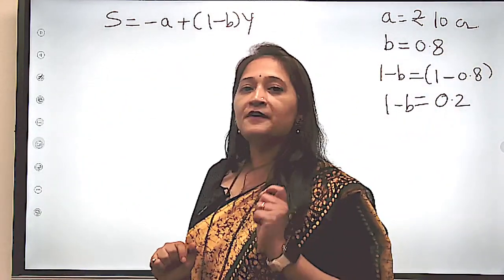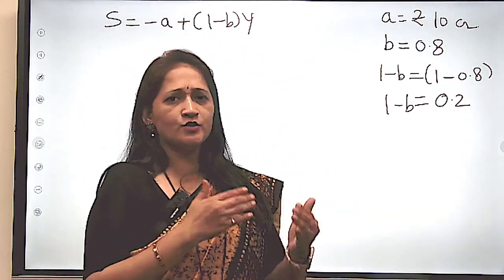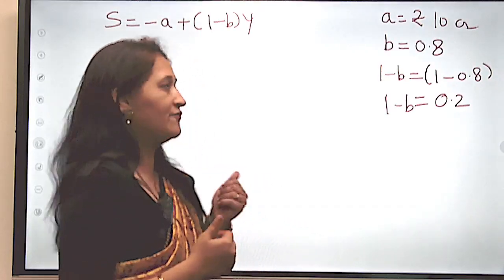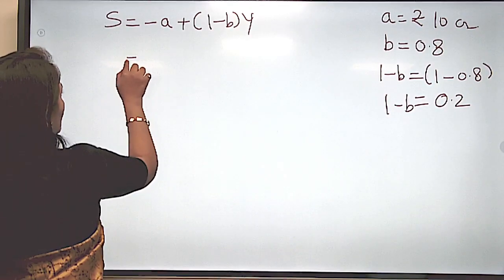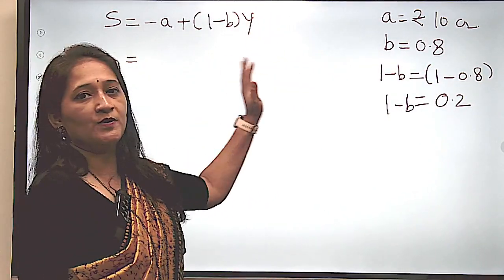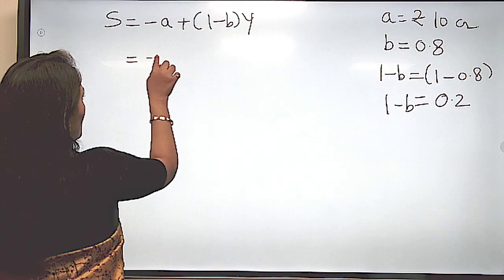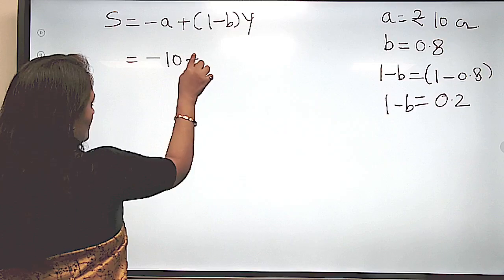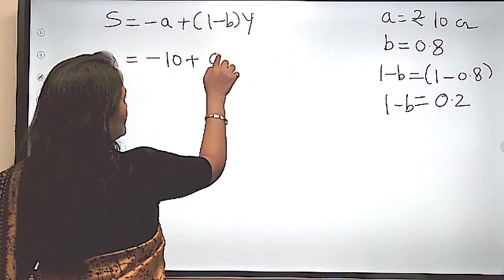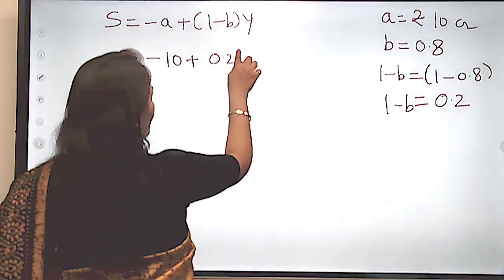Now let's find out the levels of savings at different levels of income. So let's do one thing. We'll successively increase the income of the country by 100 crore every time. Let's copy the values of A and 1 minus B over here in the saving function. As you know, A is 10 crore, but it is minus 10 in the saving function, plus 1 minus B value is 0.2 of income. Let's start with the income 100.